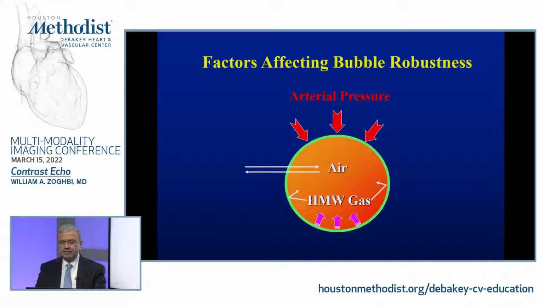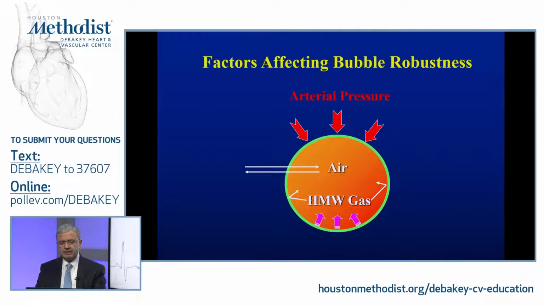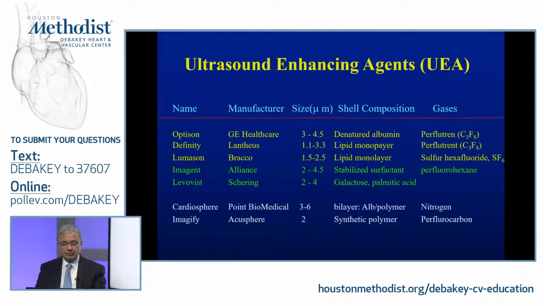Now, many factors affect bubble robustness. I think obviously over the years we've used saline agitation, and then with the newer agents that we will discuss also with you, the robustness of these bubbles are one, their size, two, the shell that is composed of these bubbles, and three, what is the gas, usually high molecular weight gas that is employed for these bubbles to withstand very high pressure coming into the left ventricle, but in addition to be able to pass the pulmonary circulation.